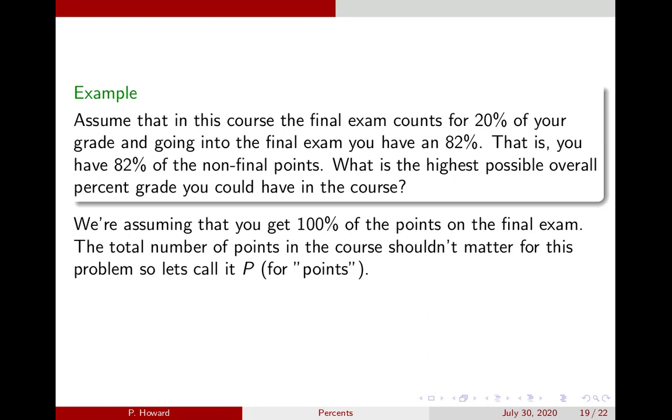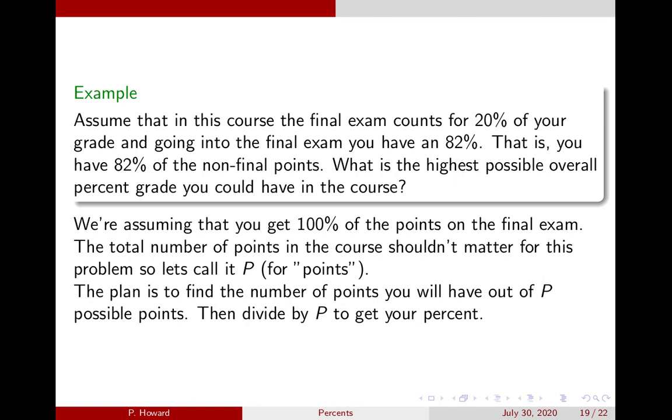So in this case, I'm simply going to use capital P for the number of points. Okay, and the plan is to find the number of points you will have out of P, possible points, and then divide your points by the total number of points, capital P, to get your percent.